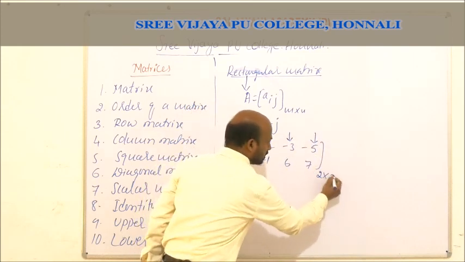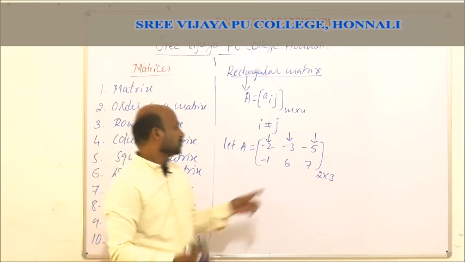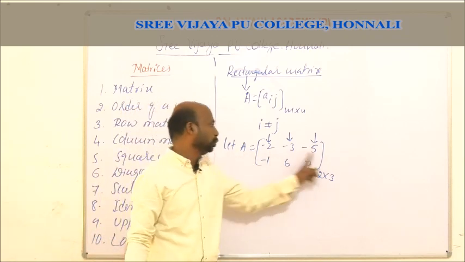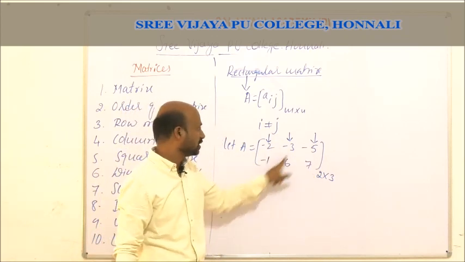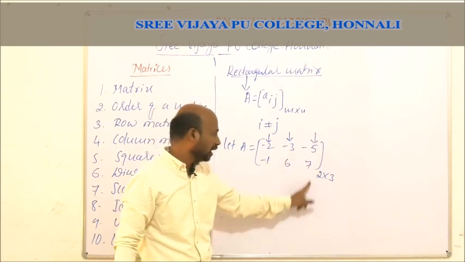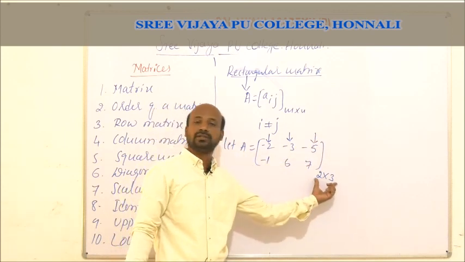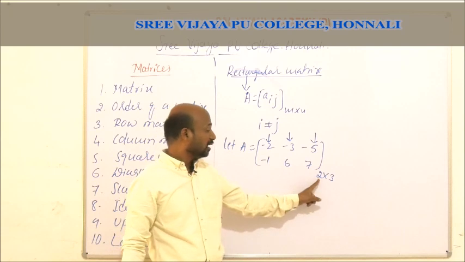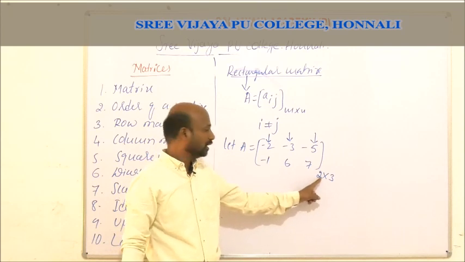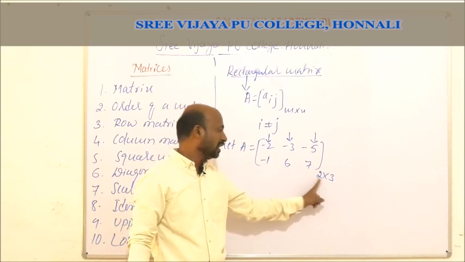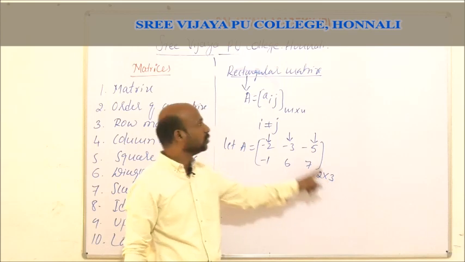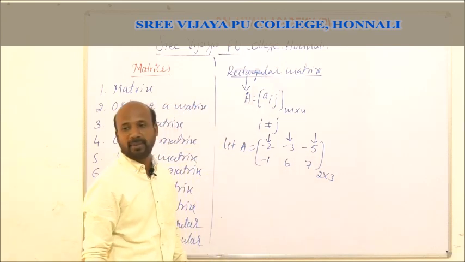That is, the order is 2 by 3. So the matrix A has 2 rows and 3 columns. Here the number of rows is 2 and the number of columns is 3. So clearly 2 is not equal to 3, so it is a rectangular matrix.